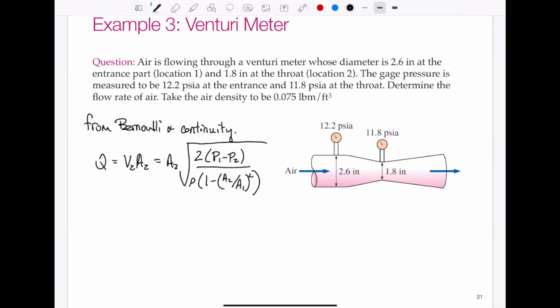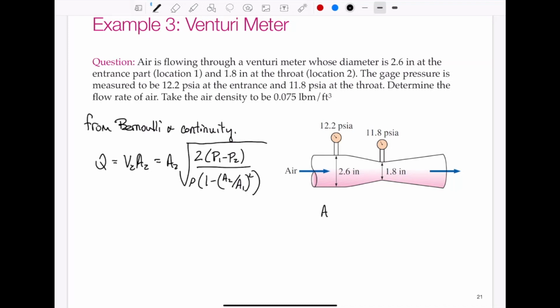So we can determine the flow rate if we just substitute in the values that we know. We can change the areas. We know the ratio of the areas is going to be equal to the ratio of the diameters squared. So we can simplify that.